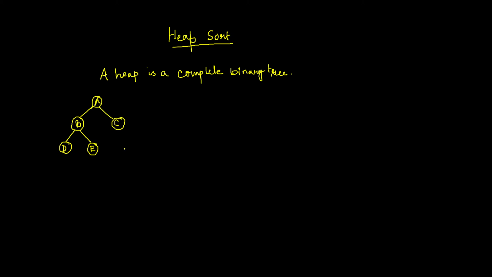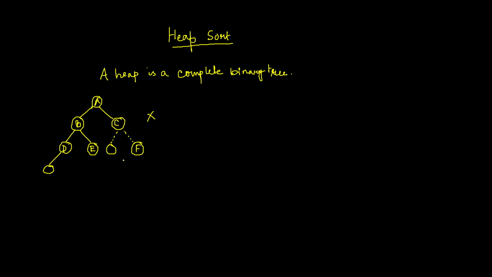That means if you somehow include another node over here, this tree will no longer remain a complete binary tree. To make it a complete binary tree, you must have another node somewhere over here also. And in the next level, the first node should be inserted as the left child of the leftmost node of this level, somewhere here.